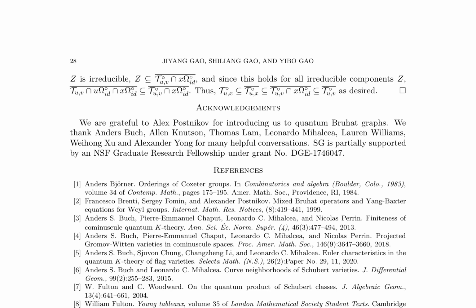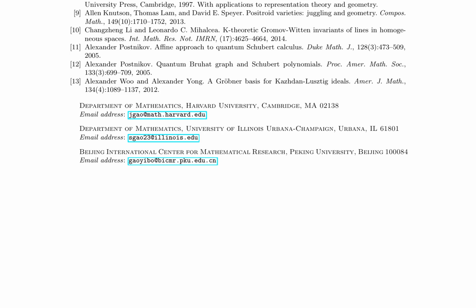In addition to this main result, the paper includes several other key results, such as Proposition 5.21, which shows that the quantum K-theory of a cominuscule space is equidimensional, and Theorem 5.22, which provides a formula for the quantum K-theory of a cominuscule space in terms of quantum Schubert classes and quantum Bruhat graphs. The paper concludes with a discussion of potential future directions for research in this area, including the study of non-cominuscule spaces and the development of new algebraic and geometric tools for understanding quantum K-theory.